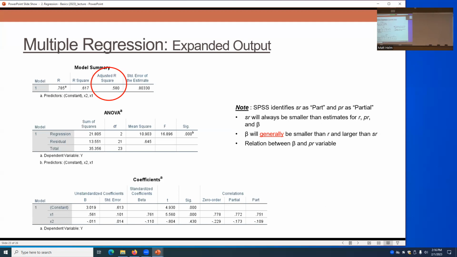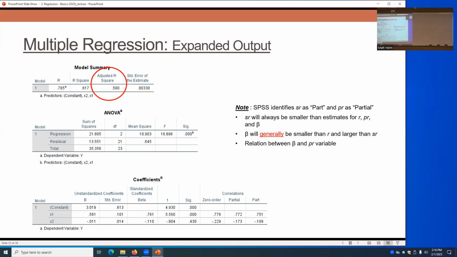And you do see a pretty substantial reduction in your adjusted R squared. Remember that I can't have a negative R squared. It can only be positive. So even in the population, if this set of predictors accounts for no variability in my outcome, when I run my sample, it's probably not going to be 0. It's going to be some positive value. And so we get a positive bias here.